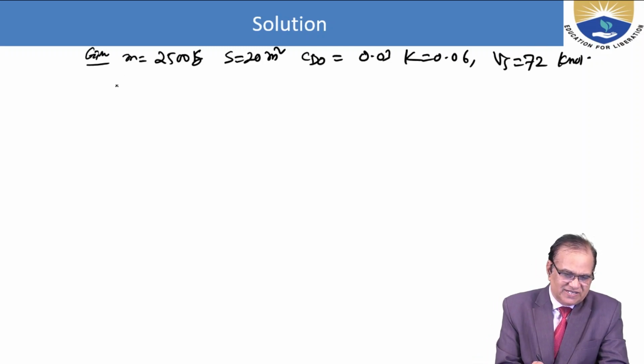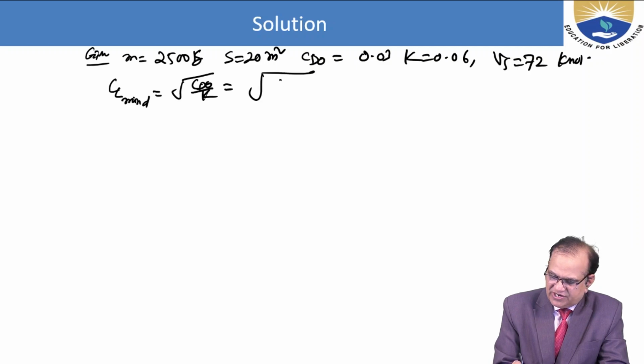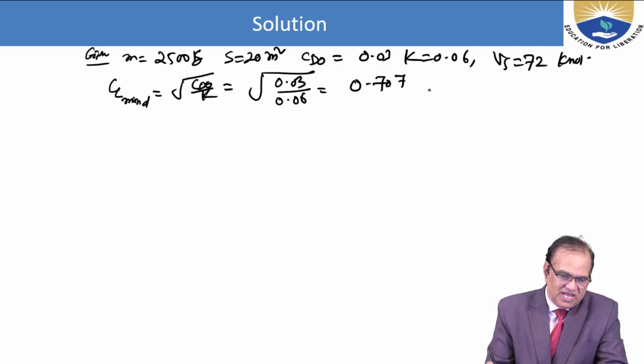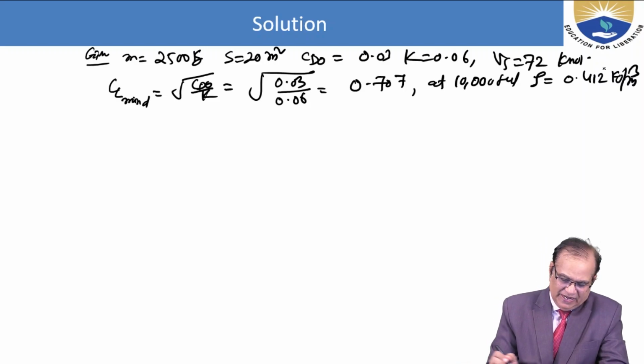So we know that CL for minimum drag is equal to square root of CD naught by K. CD naught is 0.03 divided by 0.06, 0.707. This is the CL minimum. So at 10,000 feet, the rho is equal to 0.412 kg per meter cube. This we have to find out by the help of the table.